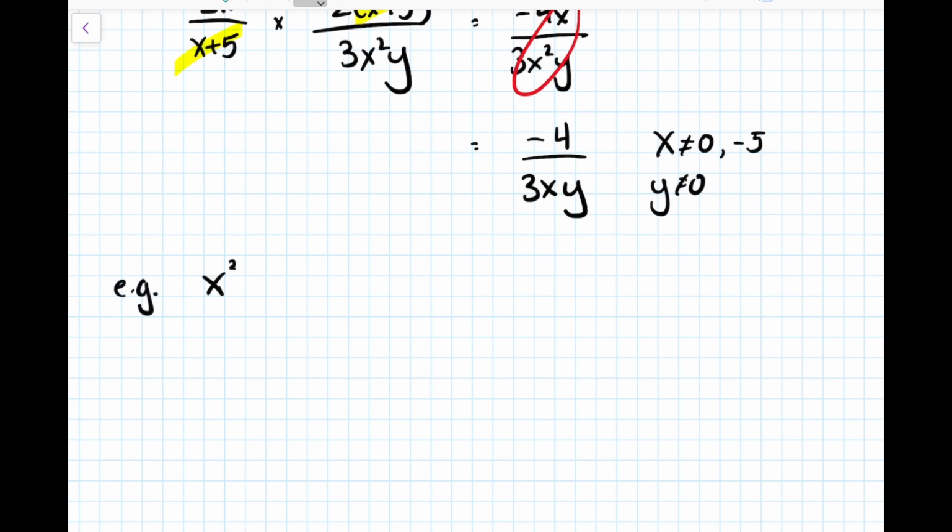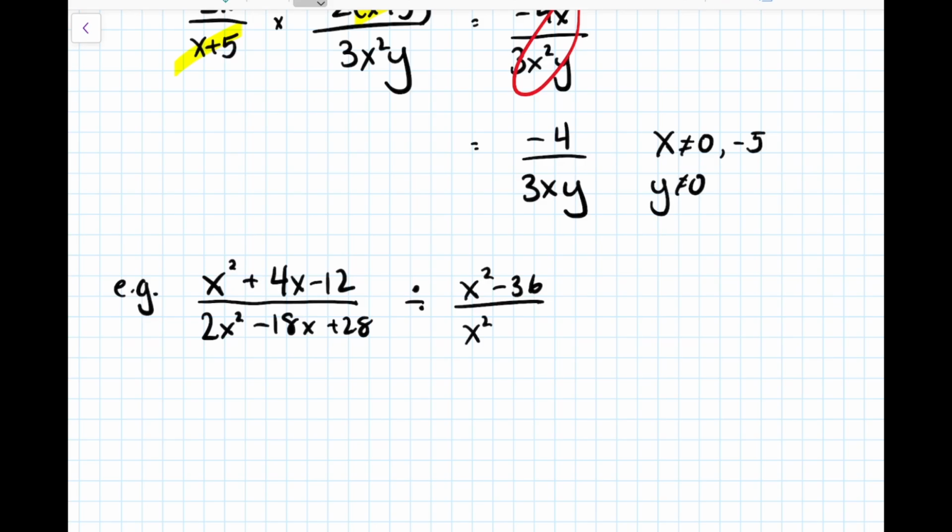So x squared plus 4x minus 12 over 2x squared minus 18x plus 28, and then divided by x squared minus 36 over x squared minus 6x.